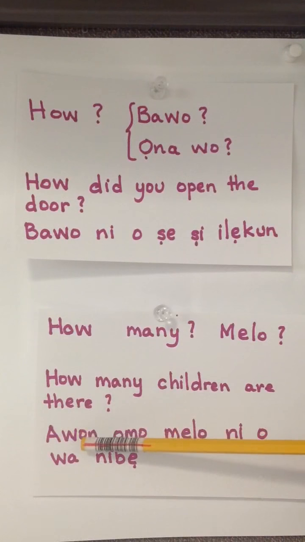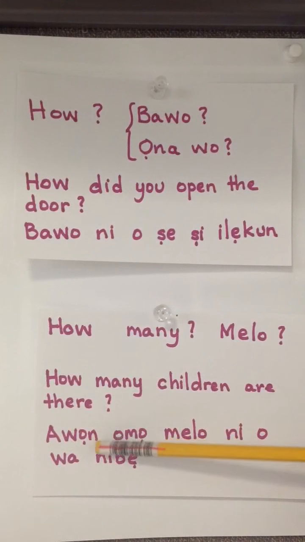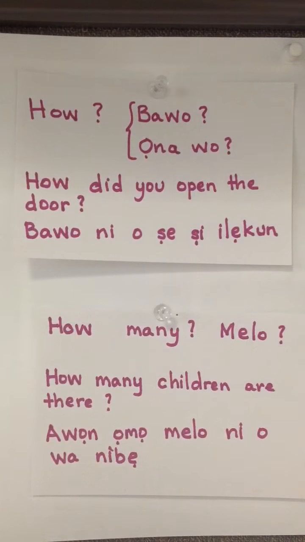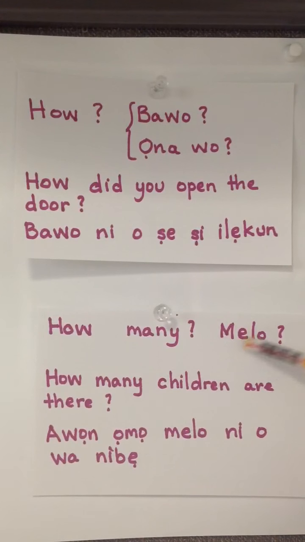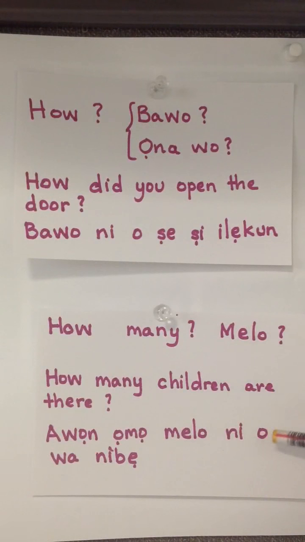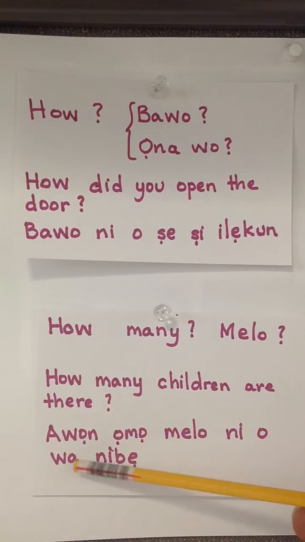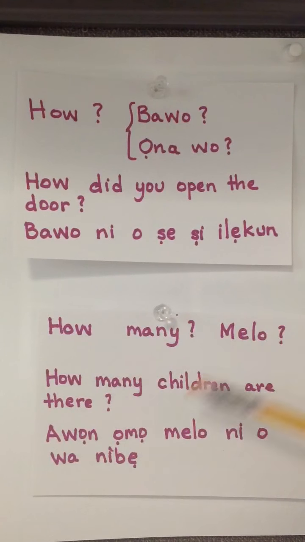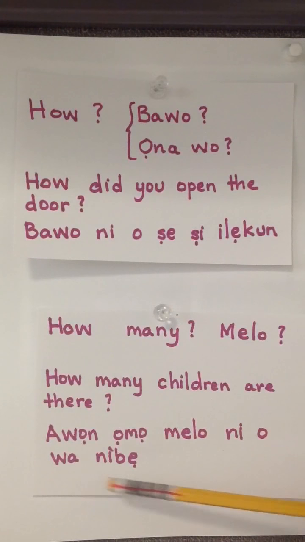Anytime you see àwọn, it's to signify plural. Àwọn ọmọ, more than one child. Okay, àwọn ọmọ mélòó. You see the mélòó is the how many. Okay, ni ó wà níbẹ̀. Wà is to be. So, àwọn ọmọ mélòó ni ó wà níbẹ̀?